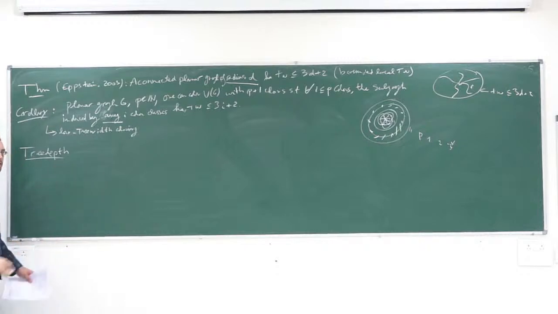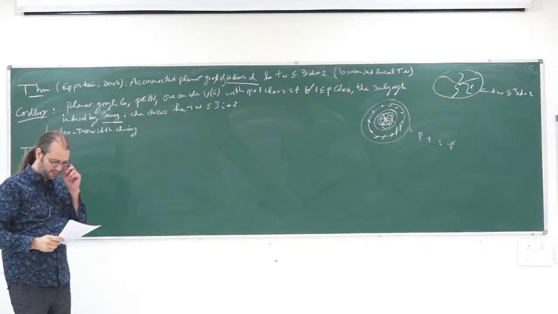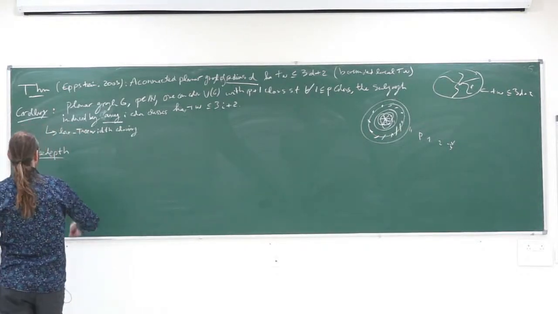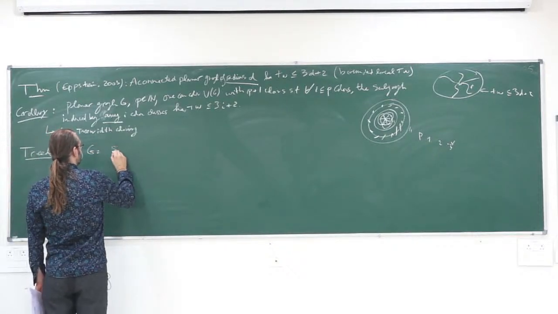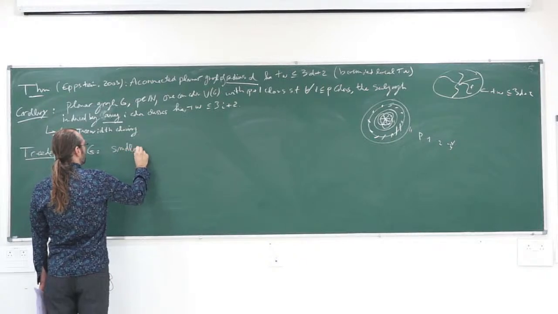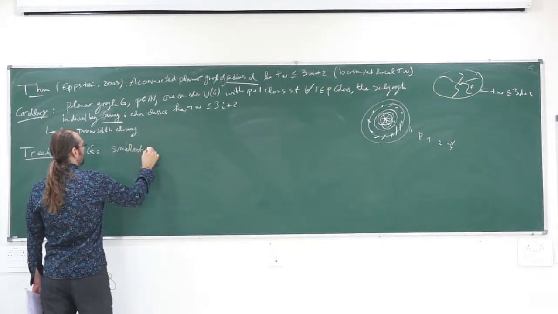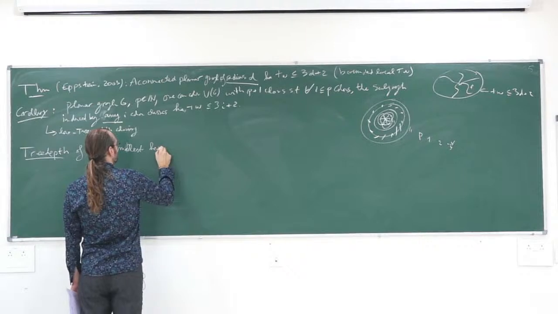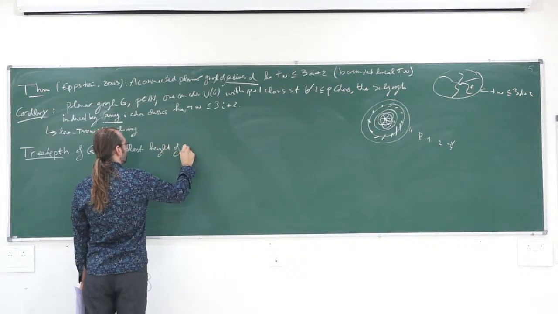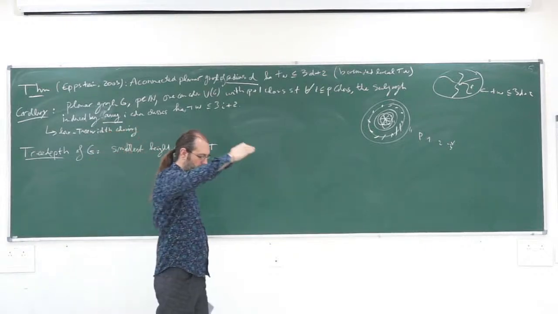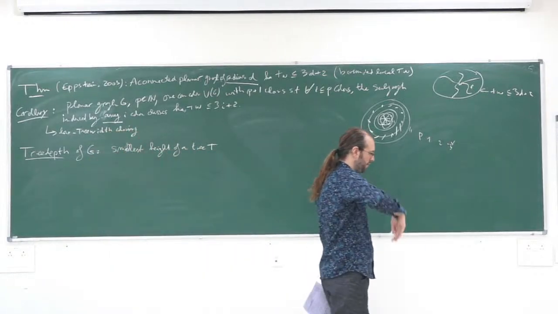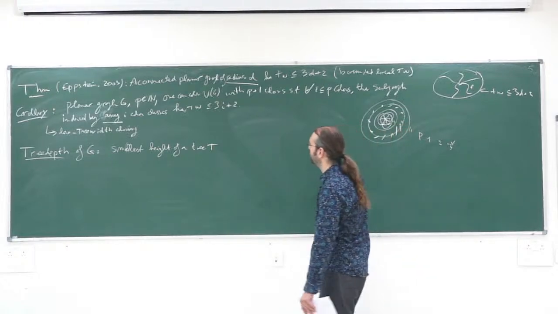Again, I will just define it so that I can explain it, so some of you might know it. What's the tree depth of a graph G? It is the smallest height of a tree T. The height of a tree being not the number of levels, but the number of edges when you root it.